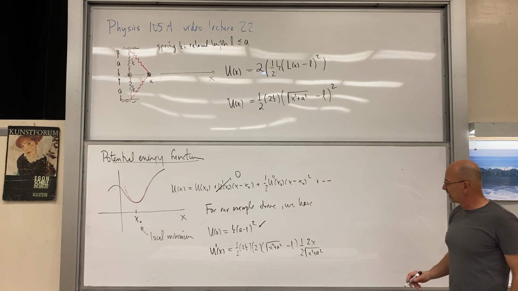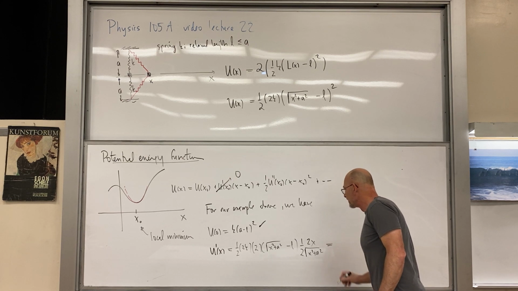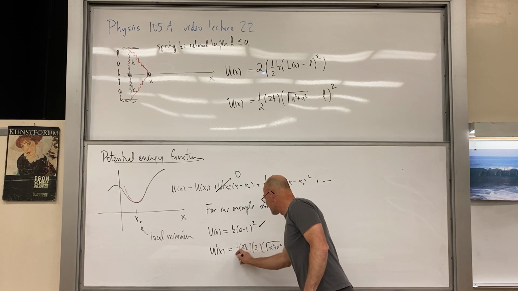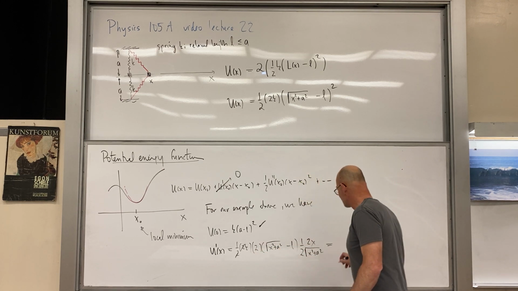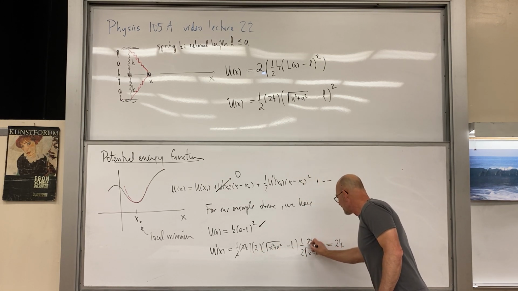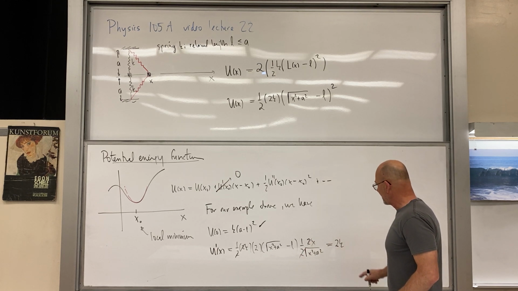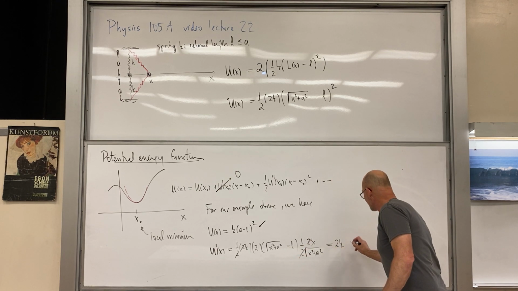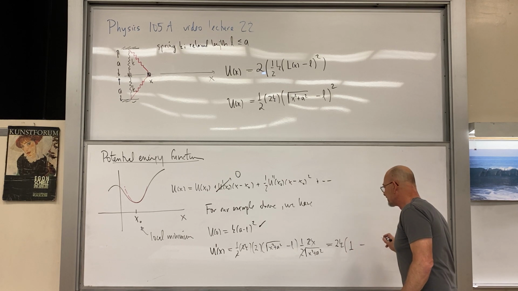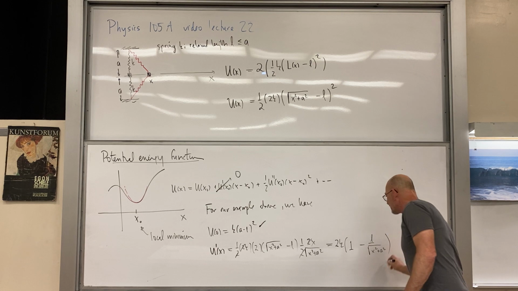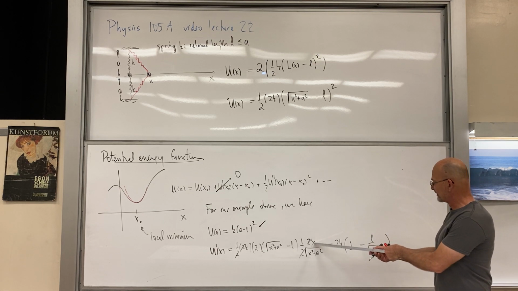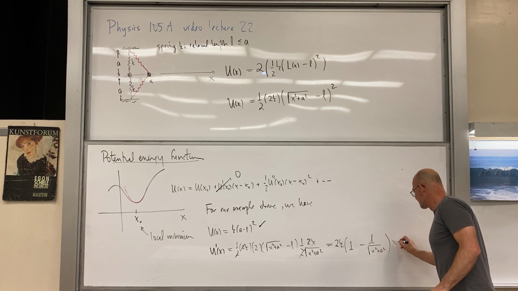This one is worth cleaning up a bit. We got a bunch of cancellations, but this time we actually have to make sure we keep the number there. So we have 2k, these cancel, and we can divide through here, so we would have 1 minus L over root x squared plus a squared. And then we've got an x, right there.